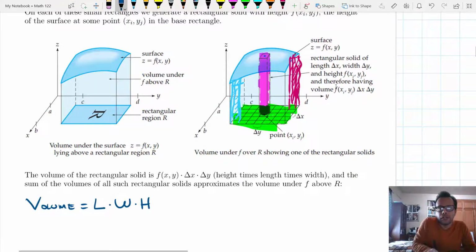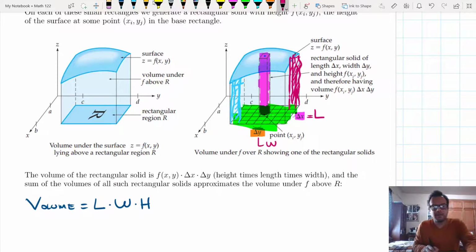Okay, so notice this delta x, which is the increment, that's the length of the solid. I'm going to call that L. And then this delta y that I'm highlighting here, that's going to be our width. Let me set that equal to the width.